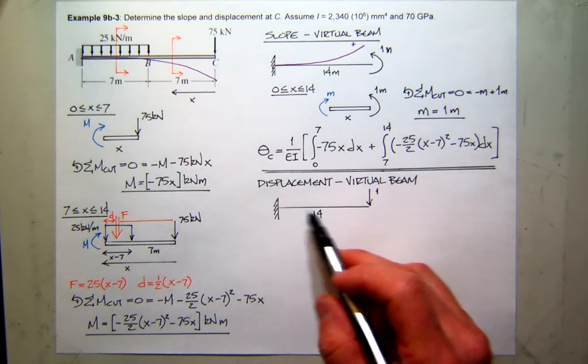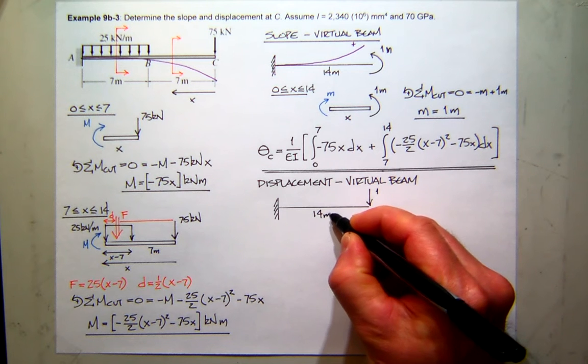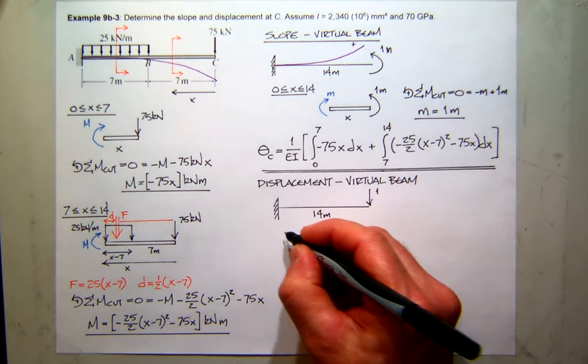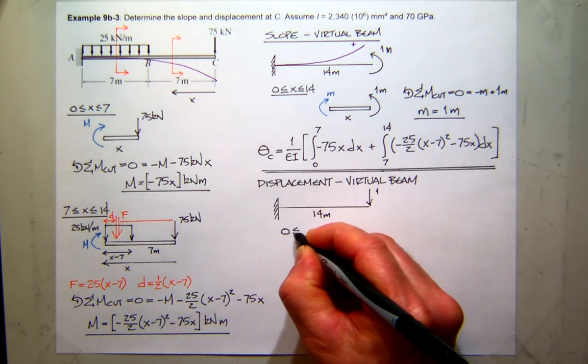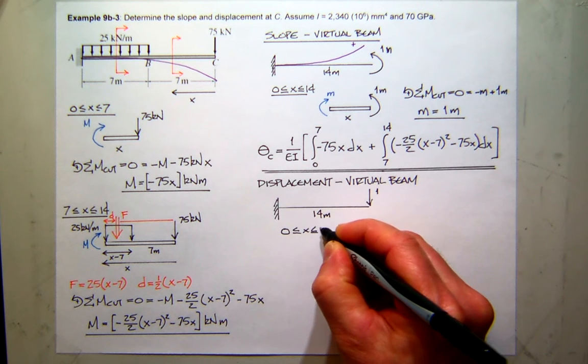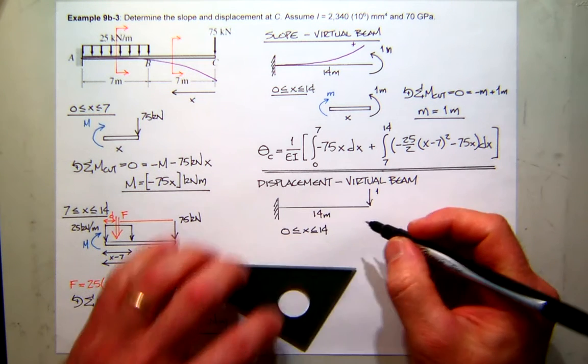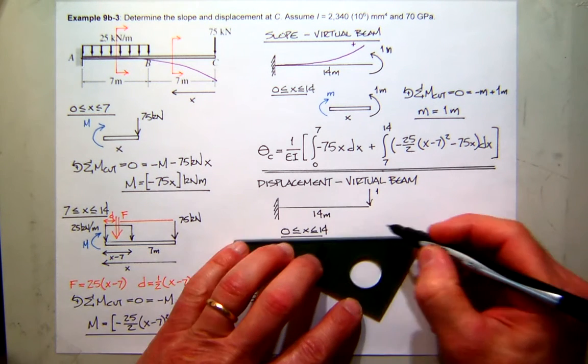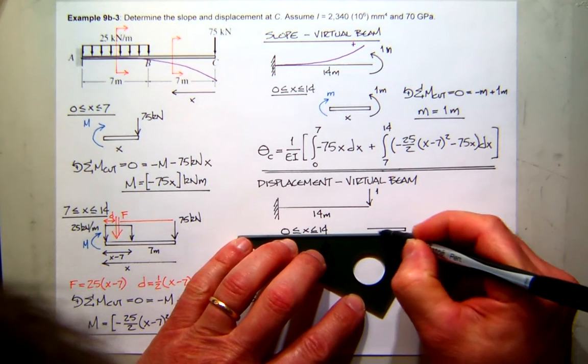How many equations do I have to write for that? Again, 1. So I just can go from 0 to 14. Here's my free body diagram for this.